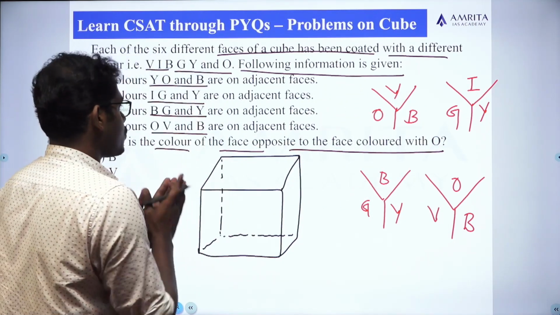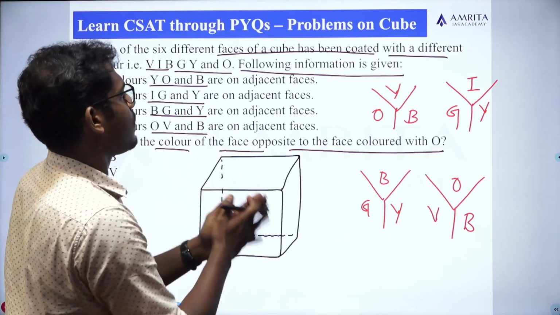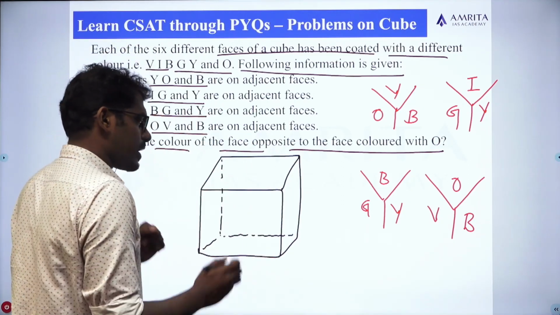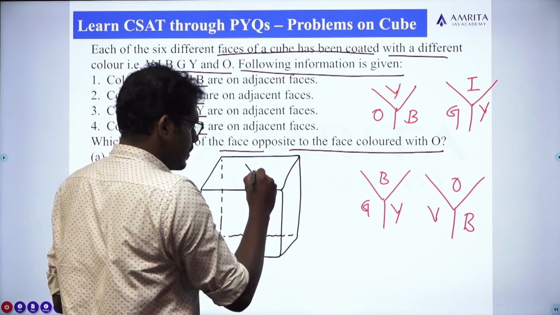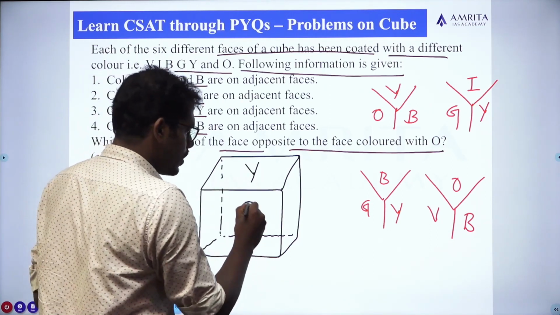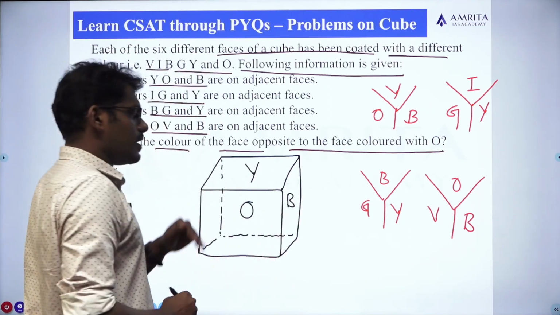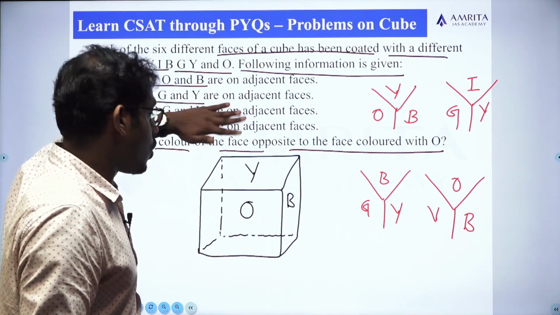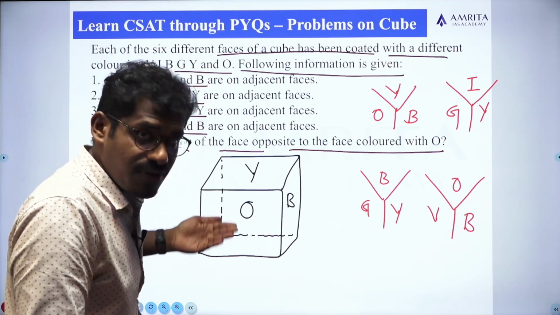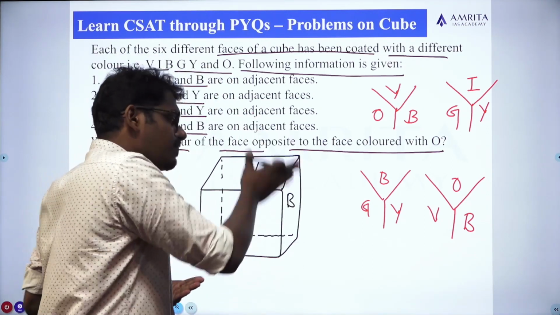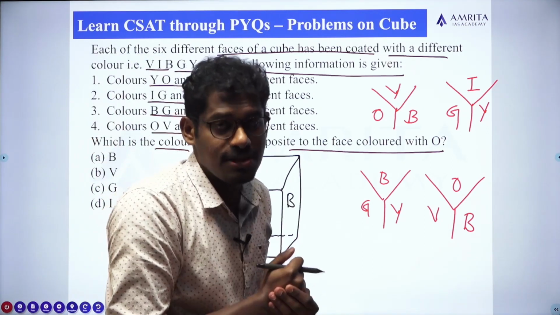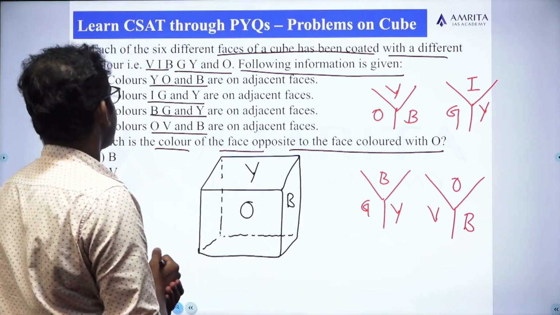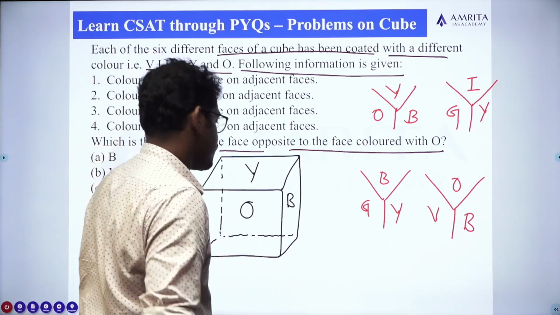Clear? Okay, fine. So the first information is the colors Y, O, B are on adjacent faces. Okay, what can I write? See, Y is here, O is here, B is here. So the top face is colored with Y, the front face is colored with O and the right face is colored with B. Okay, B means blue.